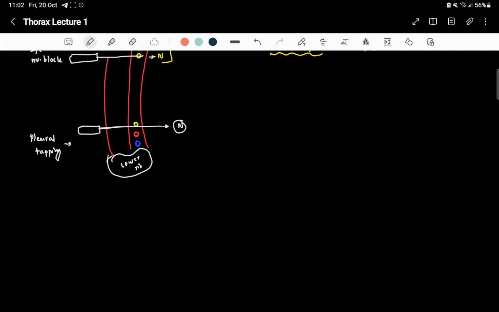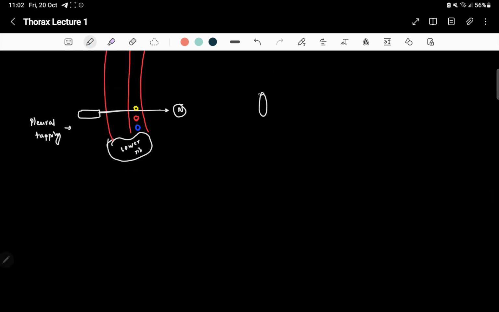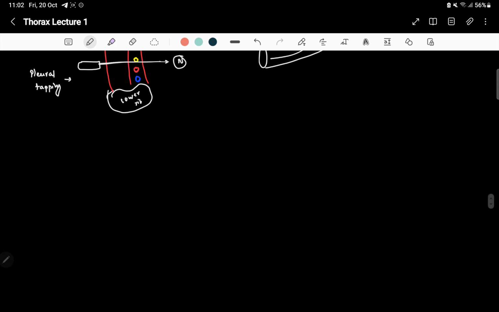Then we want to understand the directions in which the muscles are arranged between the ribs. Let me draw a rib. Here is one rib, and another rib.